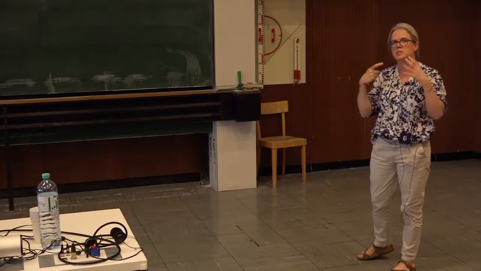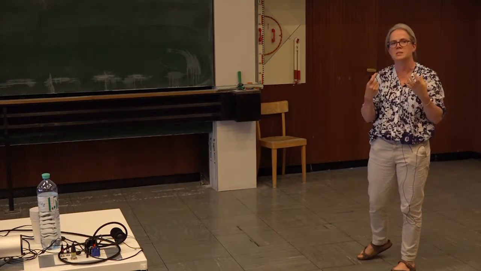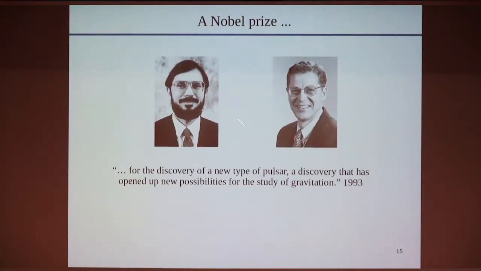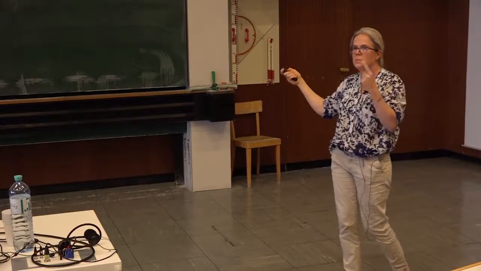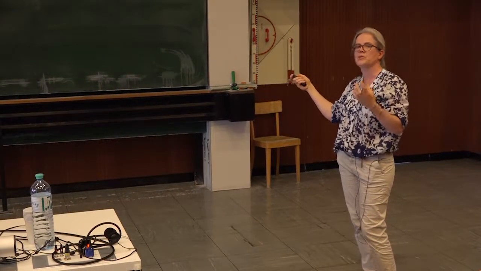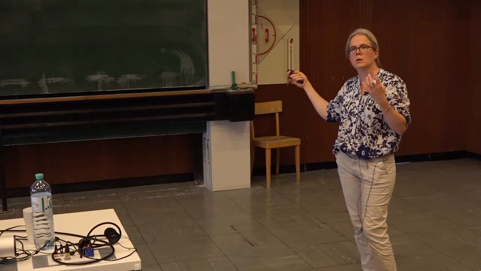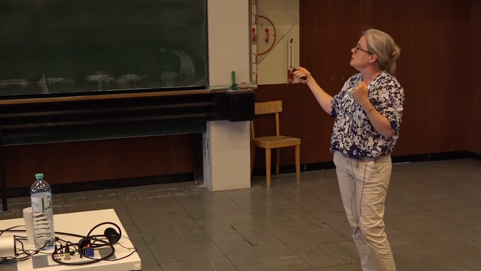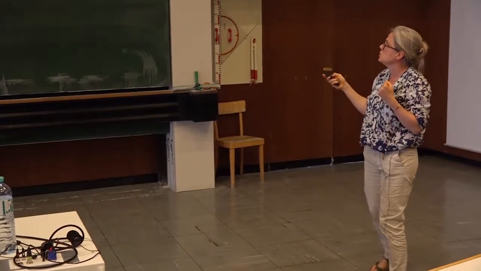To emit gravitational waves, you need some asymmetry of your source, and a binary system is asymmetric, not spherically symmetric. So this is Joe Taylor and Russell, and they got the Nobel Prize for the discovery of the first binary pulsar. But immediately, people realized that this is a perfect system to study gravitation, and this system should emit gravitational waves.